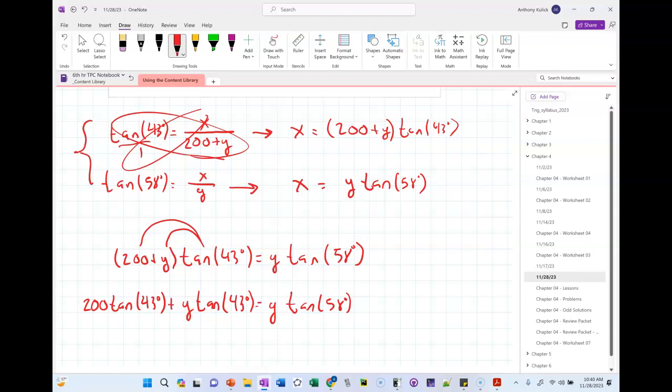And I'm going to move the y's onto the same side. So I'm going to subtract y tan 43 from both sides.